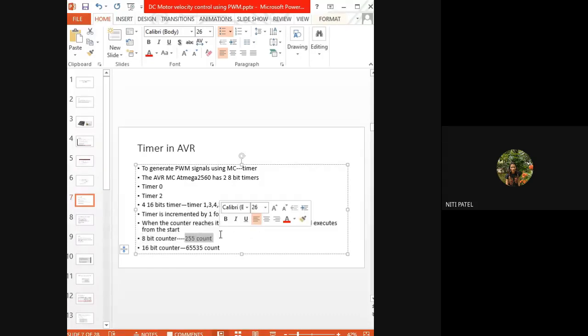That means they will count from 0 to 255. अगर उसका काम उस cycle में नहीं हुआ, तो again it will start from 0 to 255. Timer 0 and timer 2 have a maximum of 255, and the remaining 16 bit counters, which are 1, 3, 4, 5, will count up to 65535. Are you understanding this?